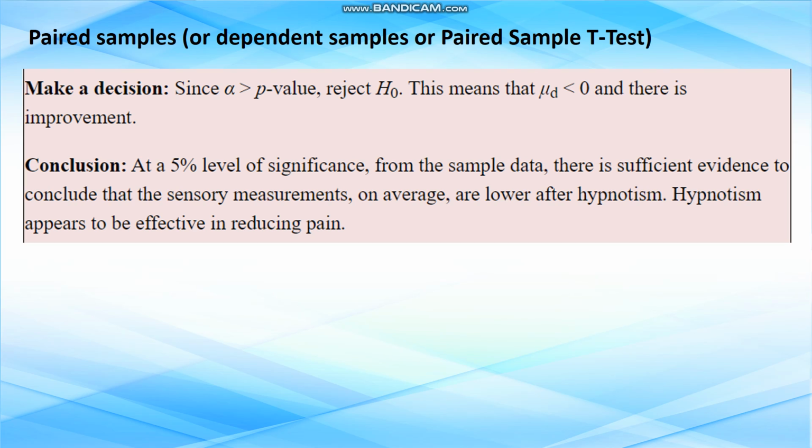The acceptance rate is 95%. You accept this condition. From the sample data, there is sufficient evidence to conclude that the sensory measurements on average are lower after hypnosis. So hypnosis appears to be effective in reducing pain.